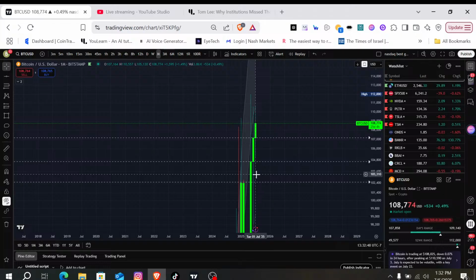So either we get both, where the tariffs go well and Powell says the right thing, and the market continues going up. Or Powell says something we don't really like, so the market doesn't really react to that. But then the deal with the tariffs is controlled and the market reacts happily to that, or it's going to be bad.